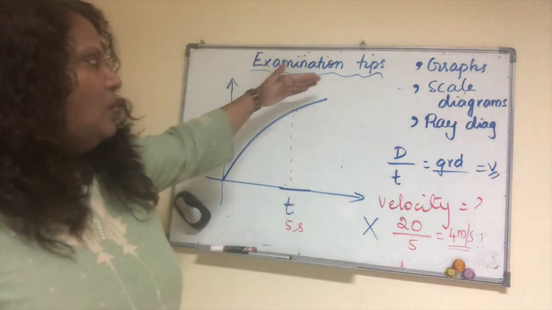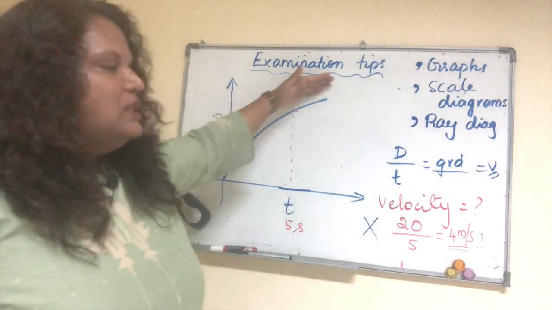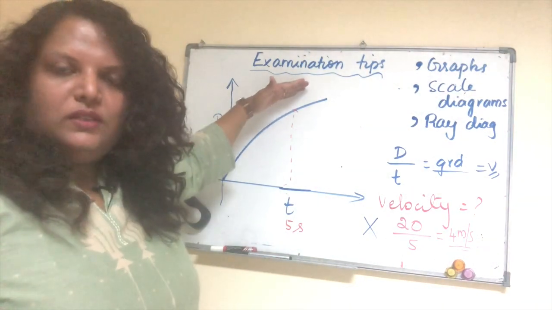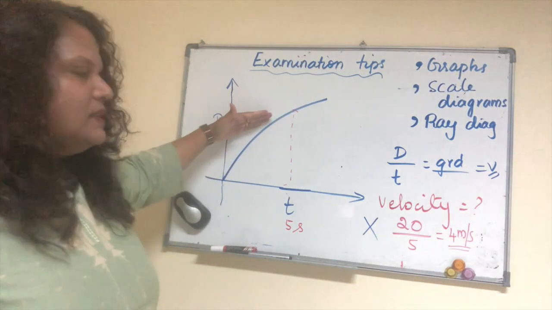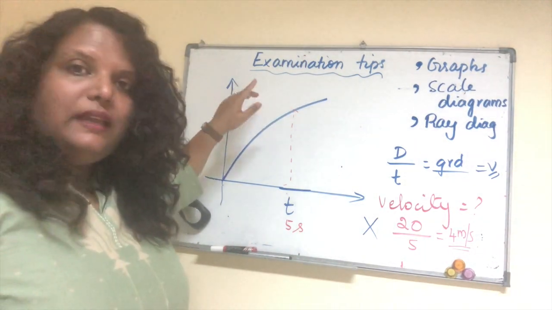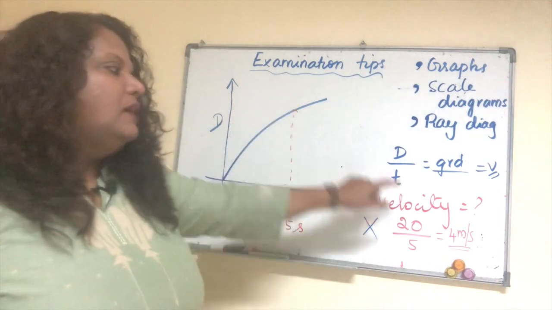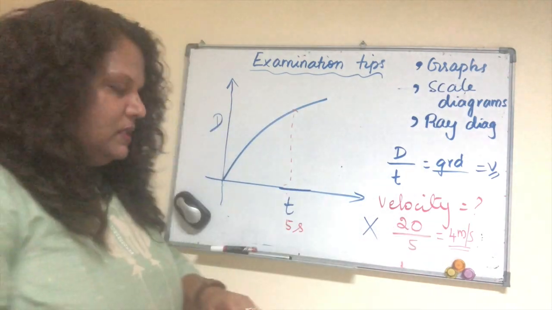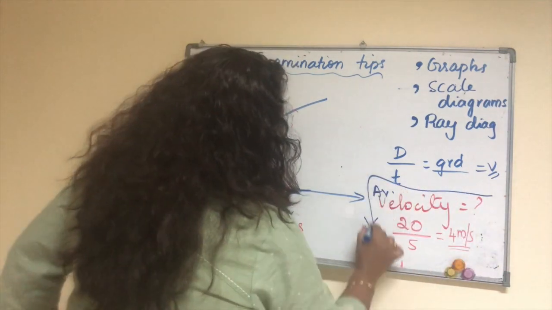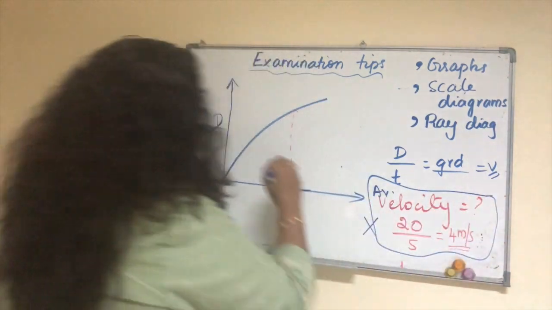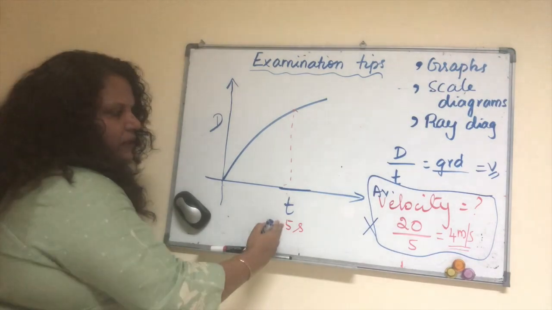You have to draw a tangent at this point because that's what gives you the gradient at that point. So you first have to construct a tangent, and the gradient of the tangent will be the instantaneous velocity. So this is just average velocity, which gives you a rough estimate of the entire journey up till those 5 seconds.